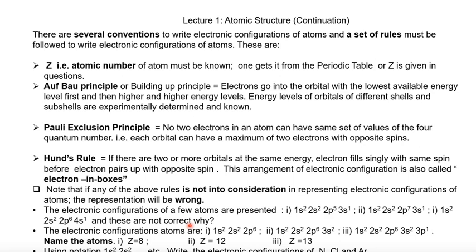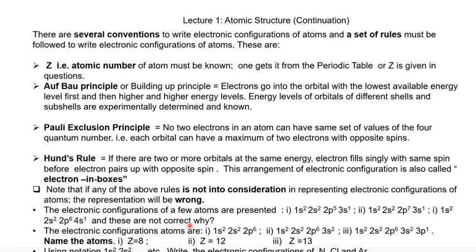Aufbau is a German word, which in English is building up, and in most English books you will get it as the building up principle. But the scientist who first proposed it called it the Aufbau principle because he was German. And what did he say? Electrons go into the orbital with the lowest available energy level first, and then higher and higher values.